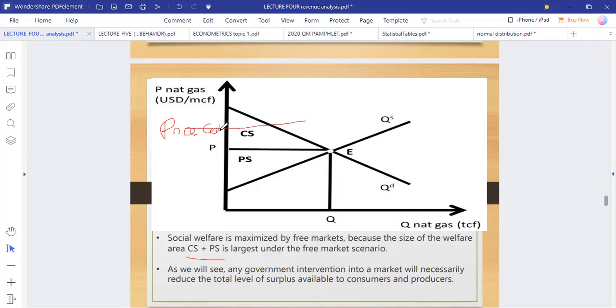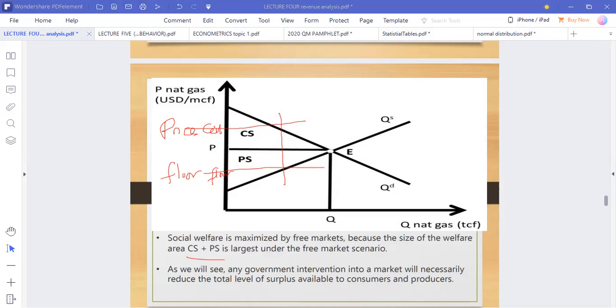A ceiling is simply the highest price that a producer must charge. And also to protect the producers, the government can also come up with what is called a floor price. A floor price is a price below which you should not bargain. So what is a price ceiling and why is it important?